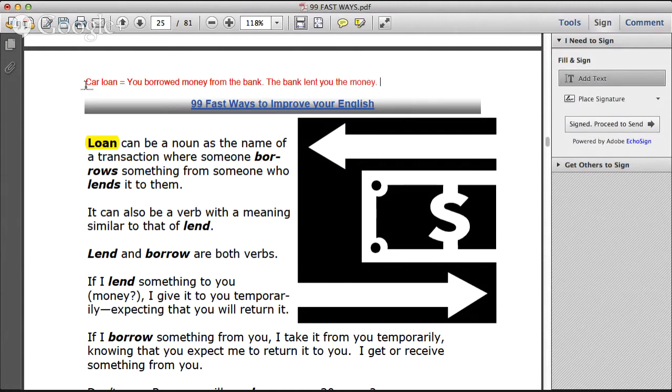The bank lent you the money. So why car loan? It can be any type of loan. It can be a car loan. It can be a home loan. It could be a loan for furniture. It doesn't matter what it is.